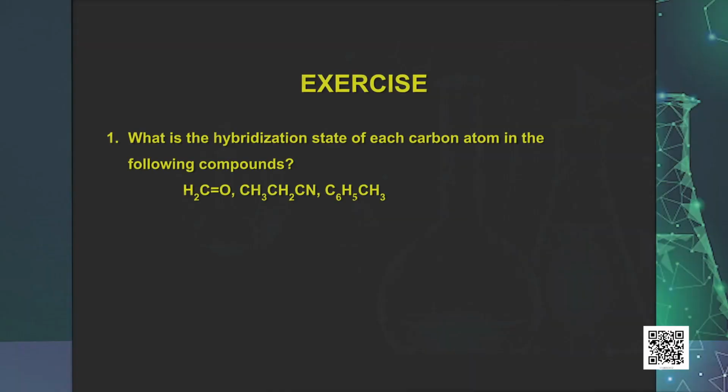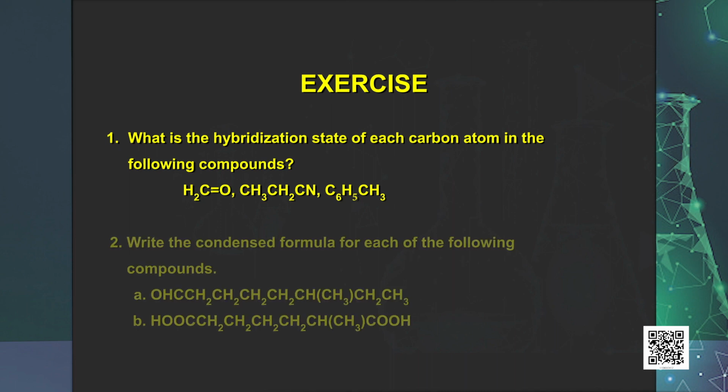Now let us try a few questions. First question is, what is the hybridization state of each carbon atom in the following compounds? These compounds are H2C double bond O, CH3CH2CN and C6H5CH3.